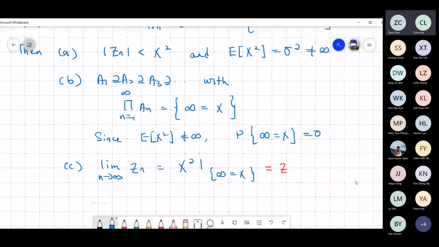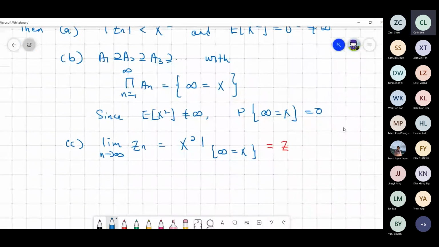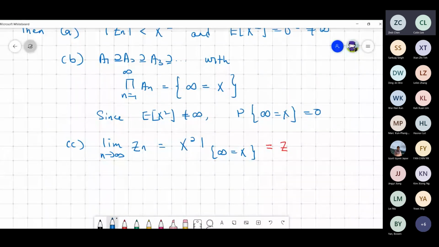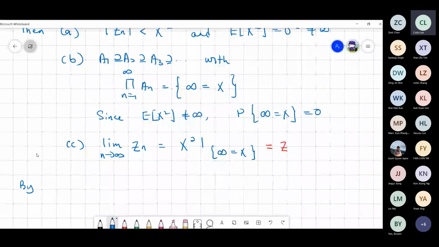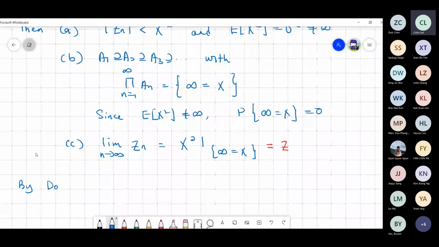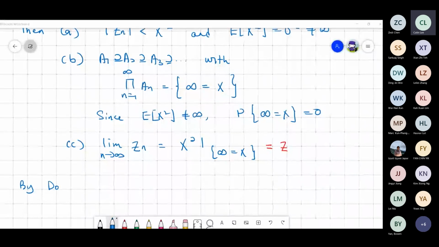Now we come back to this. By using the Lebesgue dominated convergence theorem, we just write down the statements.